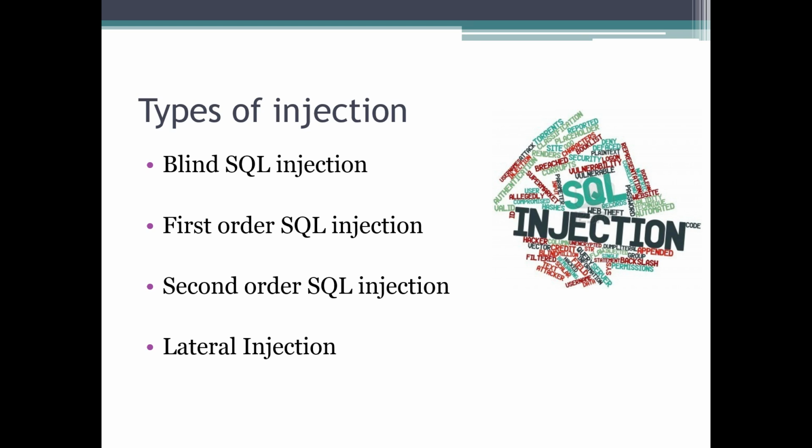The second order injection, the attacker injects into persistent storage, such as a table row, which is deemed as a trusted source, and an attack is sequentially executed by another activity. And there's the lateral injection.